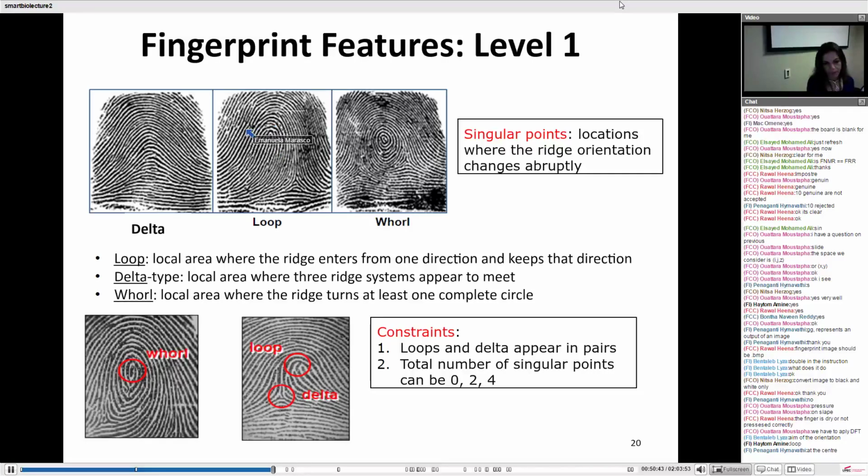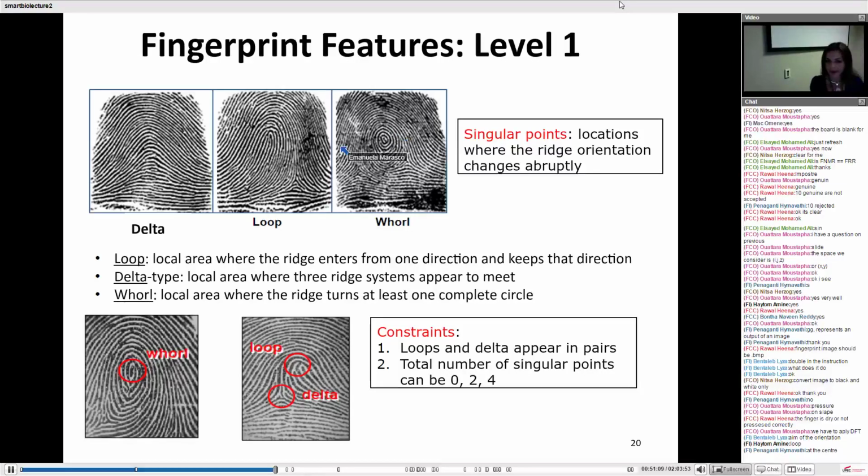We have the delta, or we can observe a loop, so a local area where the ridge enters with one orientation and maintains the same orientation on the way out of the area. And then the whorl. So this local area is characterized by a ridge which turns at least one complete circle.